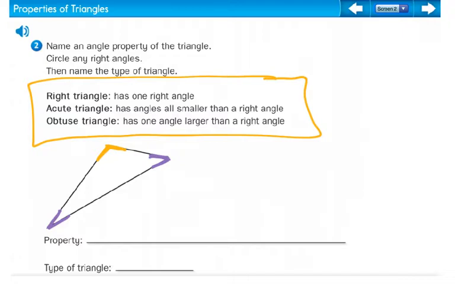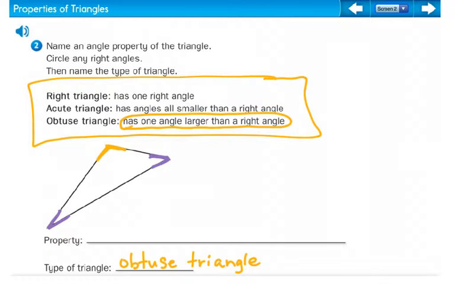And it says for an obtuse triangle, if it has one angle that's larger than a right angle, it's called an obtuse triangle. So we would call this obtuse triangle. Now you have it spelled correctly in your math journal up at the top in the directions, so please make sure you spell it correctly.